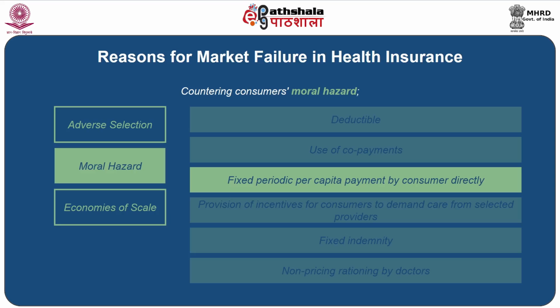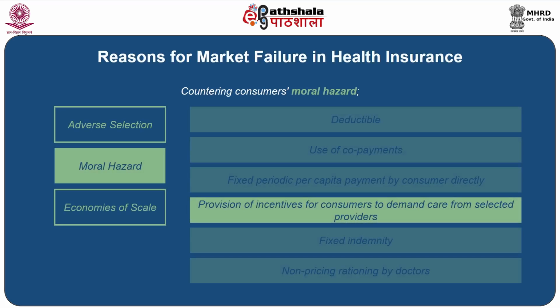They are prepaid group practices where subscribers pay a capitation fee and receive comprehensive healthcare at zero or low price. The fourth mechanism to counter moral hazard is provision of incentive for consumers to demand care from selected providers offering a low cost package of care, as in the case of PPO, preferred provider organizations.